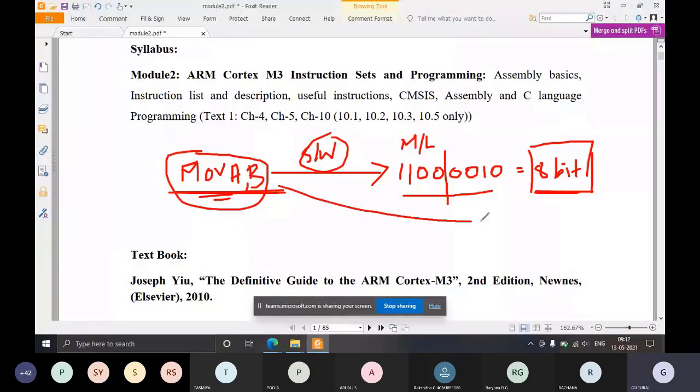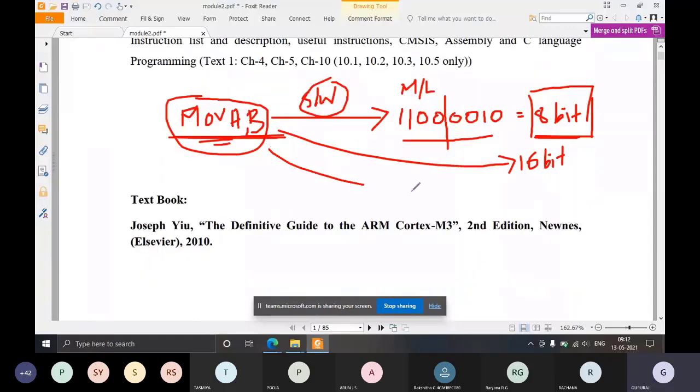If the same instruction is converted to a 16-bit machine code, then that instruction is known as a 16-bit instruction. And if the same assembly instruction is converted to a 32-bit machine level code, then it is said to be a 32-bit instruction.